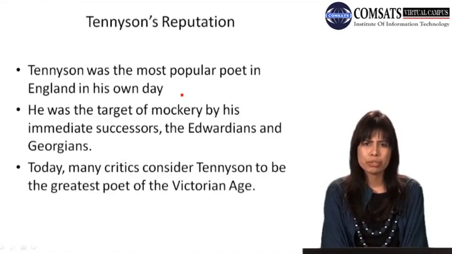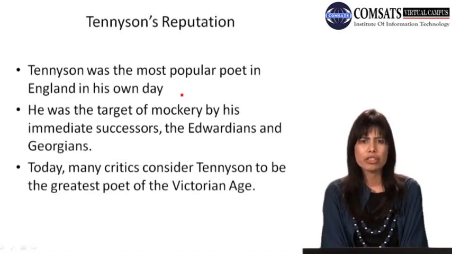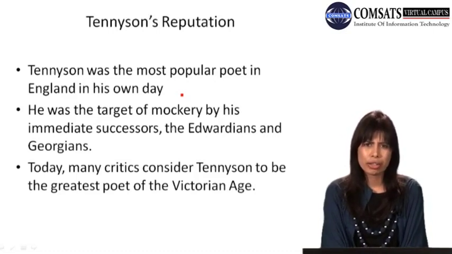There are certain elements of resistance as well. So he was a target of his immediate successors, the Edwardians and the Georgians, and you could see the kind of mockery they did on his works.